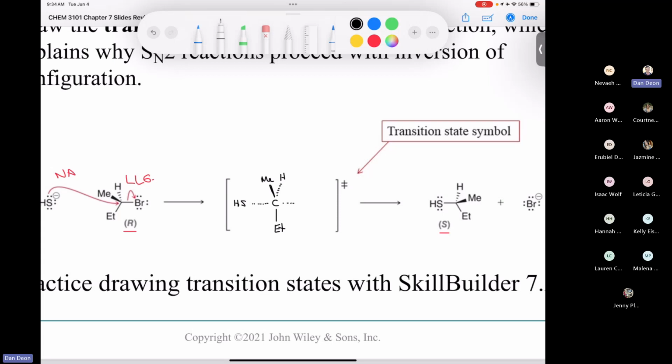And then we're going to have a partial bond to the bromine like this. So this is going to be partially negative. This is going to be partially negative, and the carbon is going to be partially positive in that transition state. So this dashed line here represents bond being formed, and this dashed line represents bond being broken.